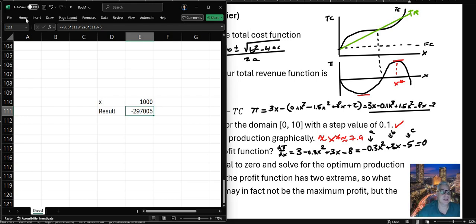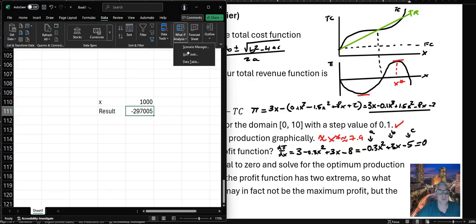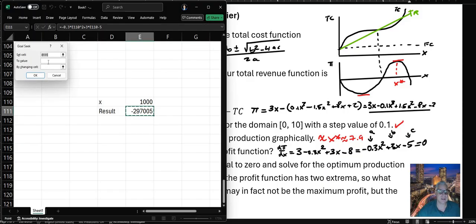So now let's see what happens. So we go data, what-if analysis, GoalSeek, and we want to set our result cell to a value of 0 by changing X. And then we just say OK.